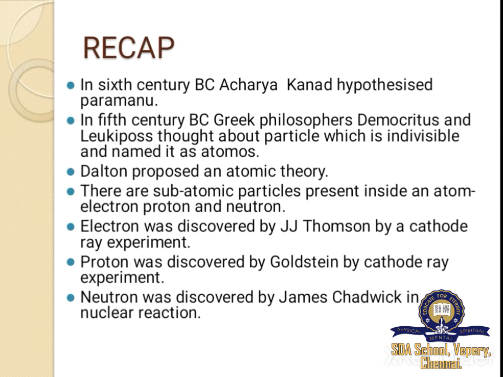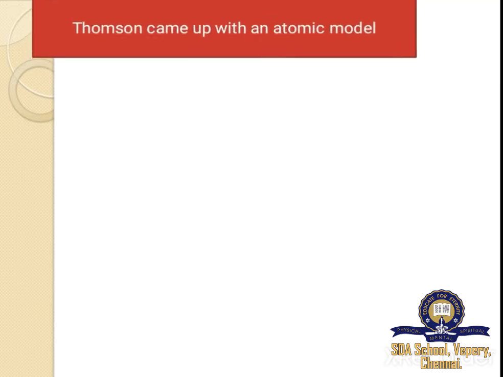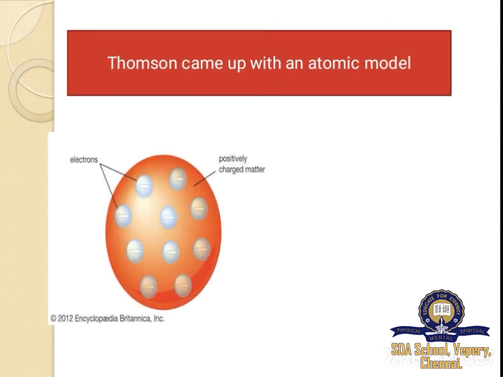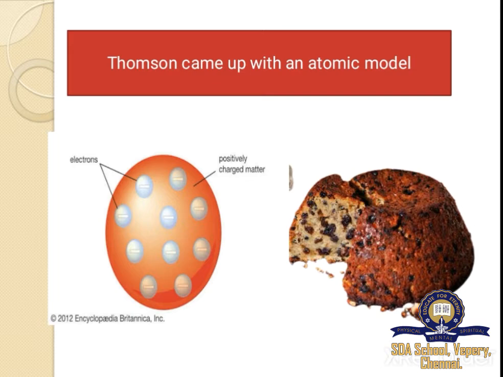Okay, now we are moving on to today's class. After the discovery of the electron, the scientists were curious to know how electrons are arranged inside an atom. So, J.J. Thomson put forth an atomic model, where the whole red mass is positively charged and the negatively charged electrons are embedded in it, which looks similar to a plum pudding.